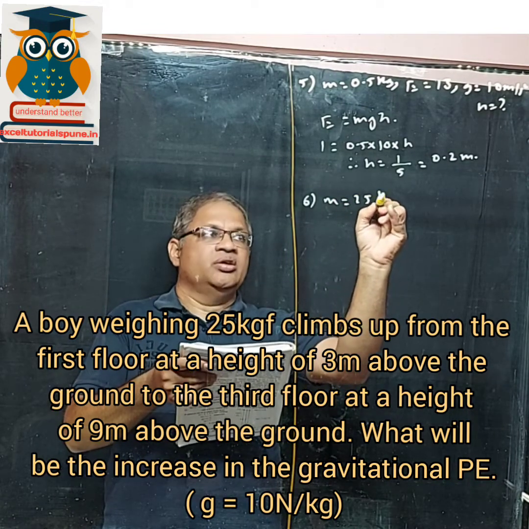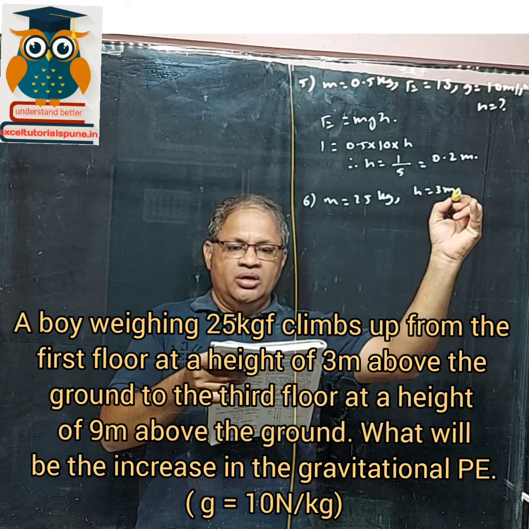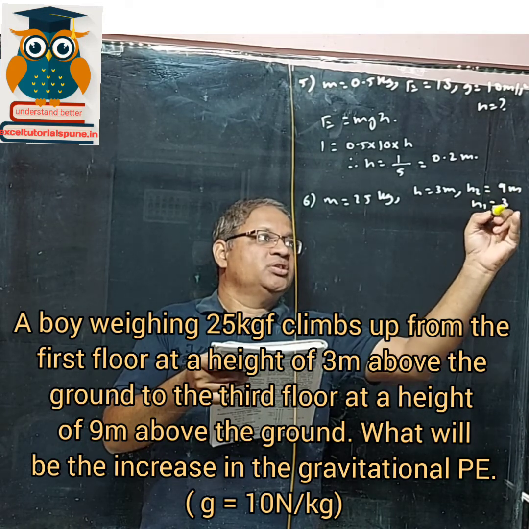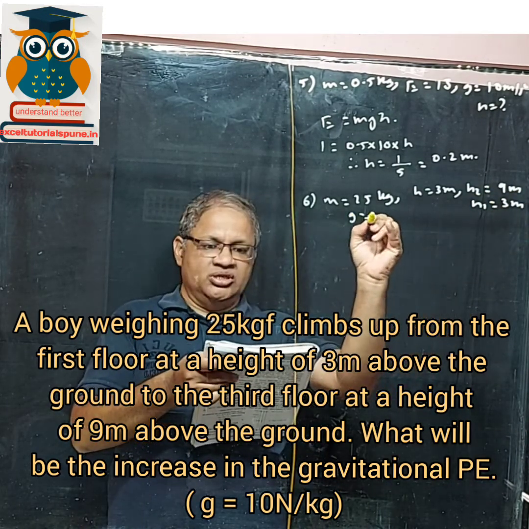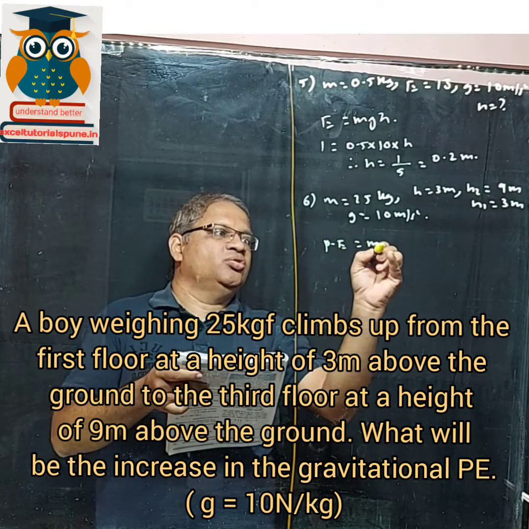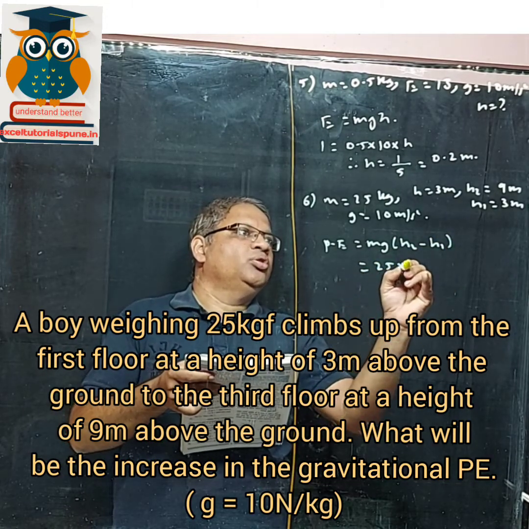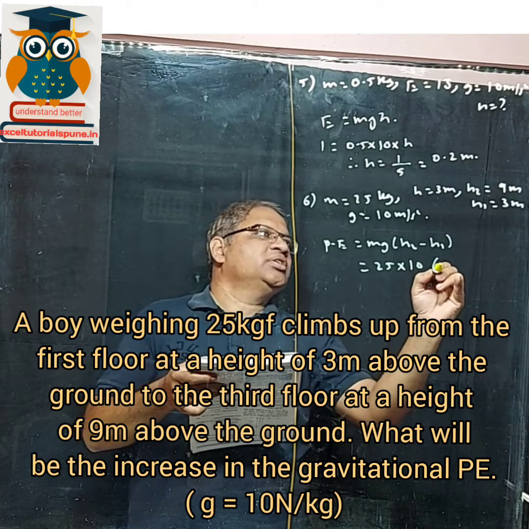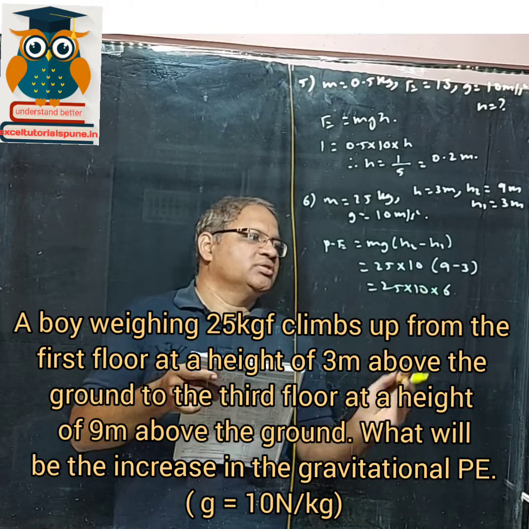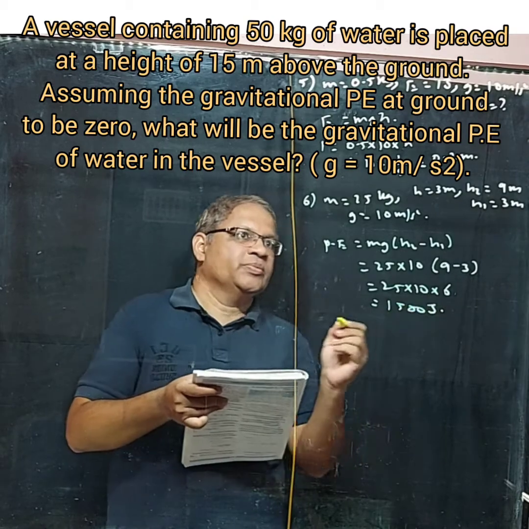Mass is 25 kg, h2 is 9 meter, h1 is 3 meter, g is 10 meter per second square. So 25 into 10 into (9 minus 3), 25 into 10 into 6, that comes to 1500 joules.